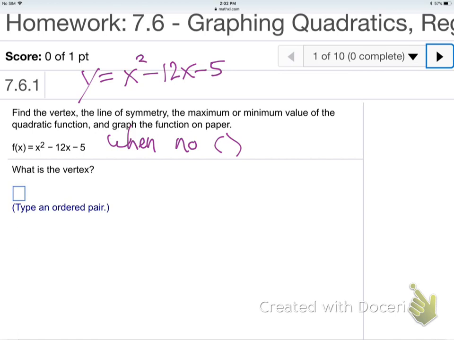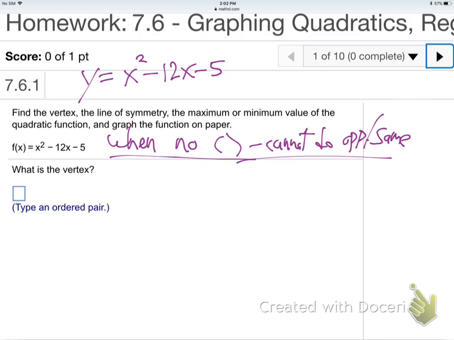We can't do the method we did in the last section, which was nice and easy because we could do opposite same right away. But we don't even have parentheses this time, so we need a new method. When there's no parentheses, you cannot do opposite same, right? So what do you do then?